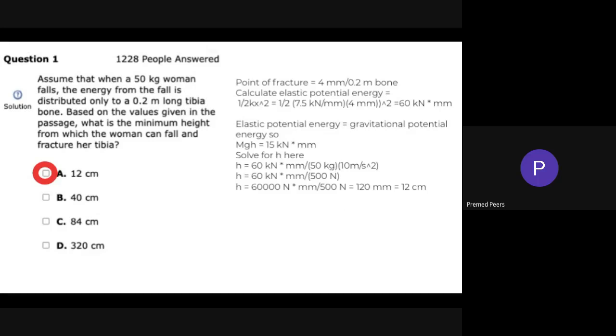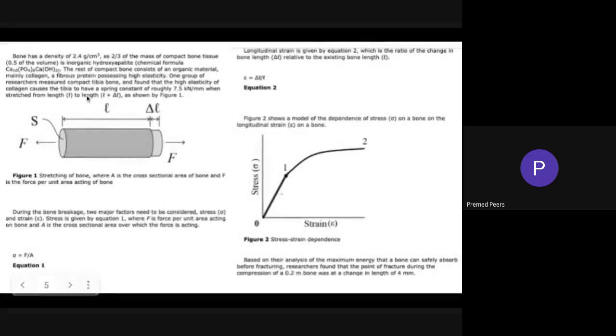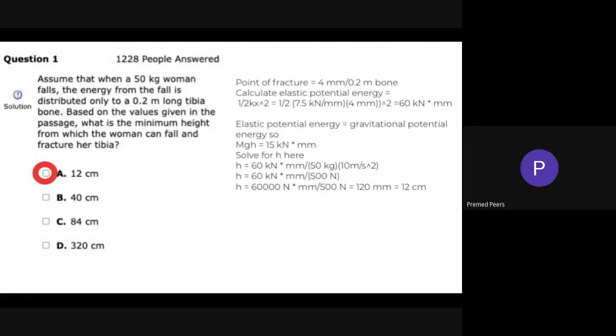And you plug in that 4 millimeters into your x in 1/2 kx squared. And then the k you get from the passage where it says in the first paragraph, in the last sentence, spring constant of roughly 7.5 kilonewtons per millimeter. So that's your k. And then once you plug that stuff in, you get 60 kilonewtons times millimeters. And like I said, set your elastic potential energy equal to gravitational potential energy because of conservation of energy.